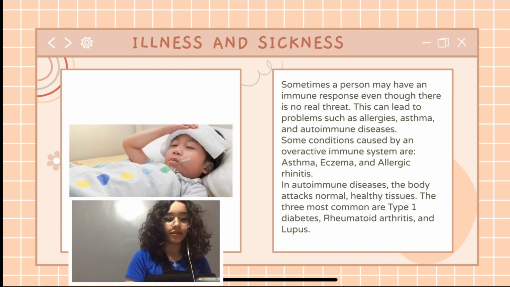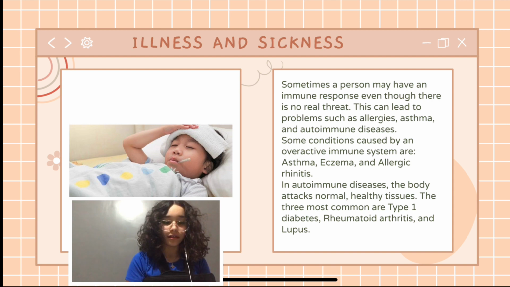Illnesses and sickness. Sometimes a person may have an immune response even though there is no real threat. This can lead to problems such as allergies, asthma, and autoimmune diseases. Some conditions caused by an overreactive immune system are asthma, eczema, and allergic rhinitis. Asthma is a chronic inflammatory disorder of the airways characterized by coughing, shortness of breath, and chest tightness.